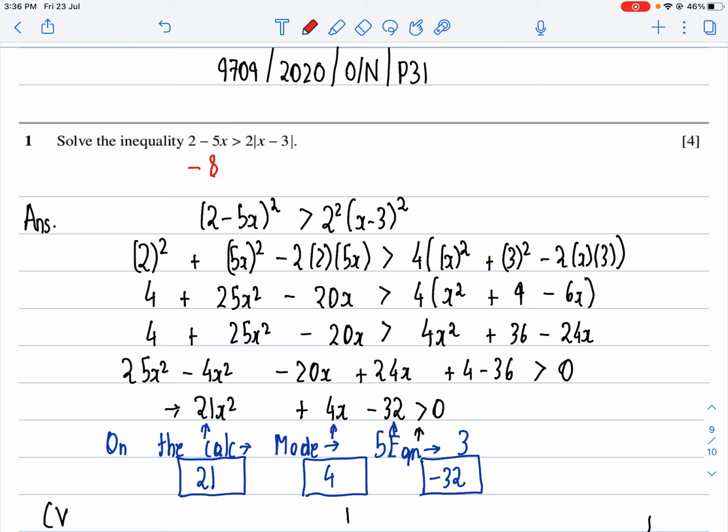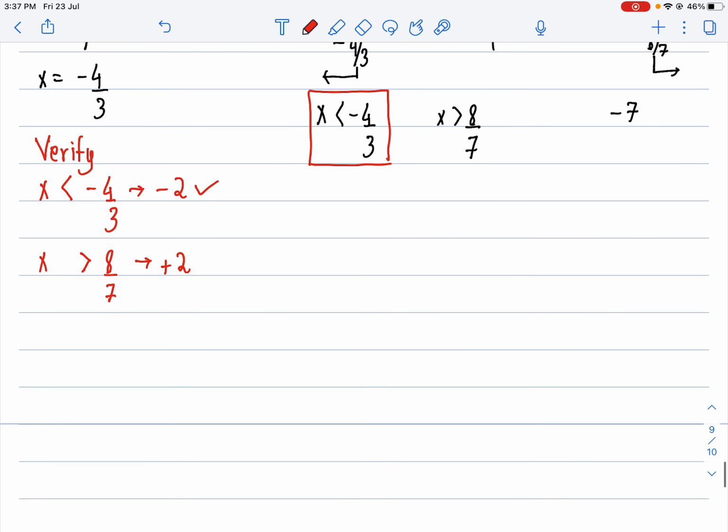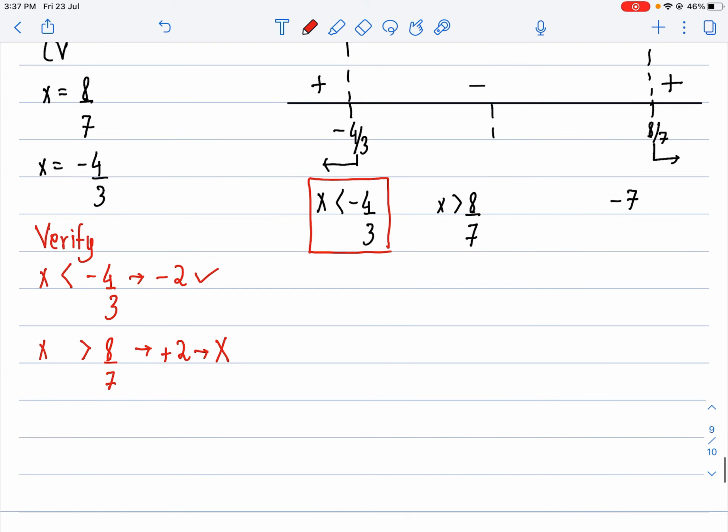And now in the right hand side, when I put positive 2, I get 2 minus 3. 2 minus 3 is basically negative 1, but mod of negative 1 is 1. And 2 into 1 is 2. But here the problem is that 2 is greater than minus 8. That means if you see, this sign is not the same. That means if I take a value of x more than 8 over 7, it's not satisfying or not verifying in the critical value. That means this value here is simply eliminated.